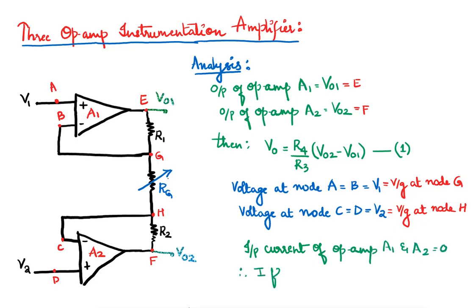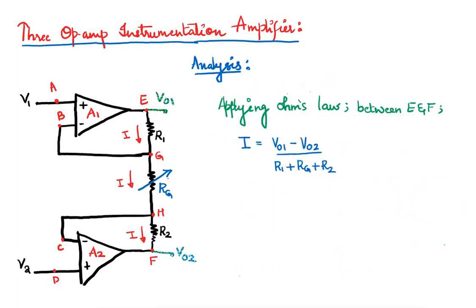Instead, it will be the same current that flows across these three resistors. So the current I that flows across R1 will be equal to the current that flows across resistance RG and R2.